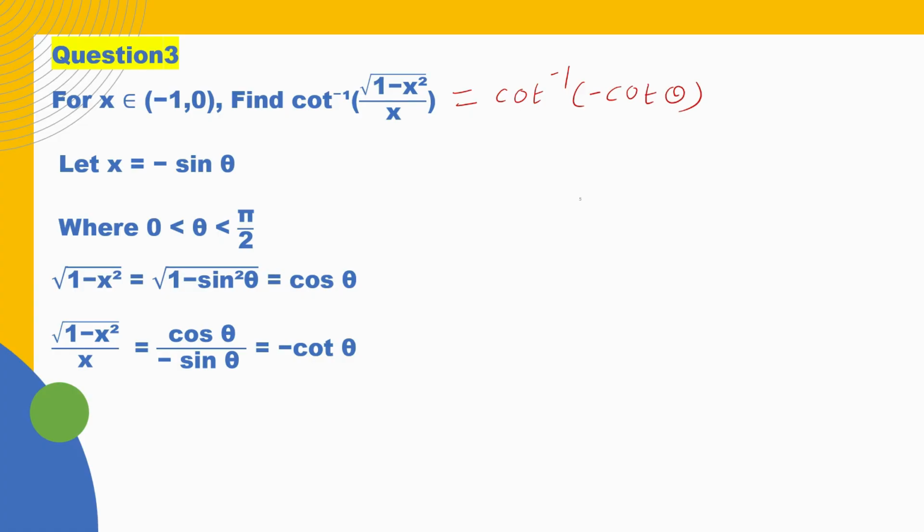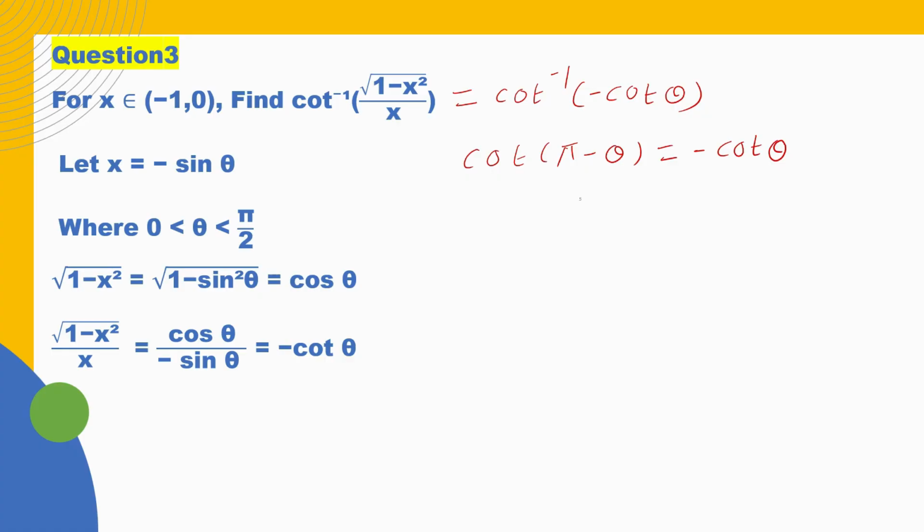So this expression is cot inverse of minus cot theta. Now we know that cot is negative in the second quadrant. So use the identity cot of pi minus theta equals minus cot theta. Because cot is negative in the second quadrant and the principal value of cot inverse always lies between 0 and pi, the required angle is pi minus theta.